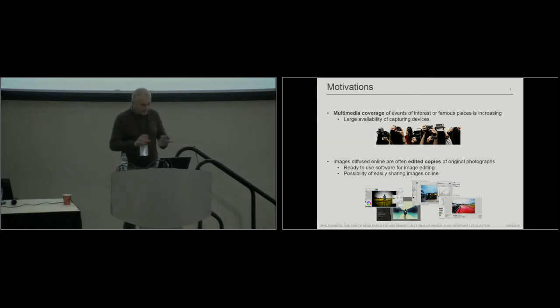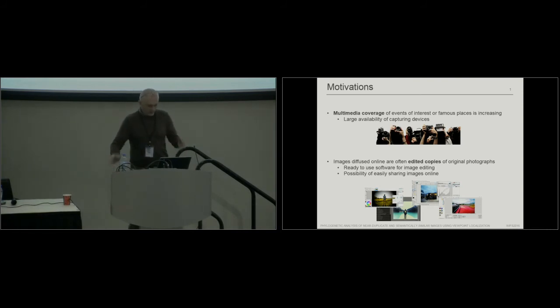can be subdivided in some way into two types. One type is images relative to the same scene, but taken by different users or, in any case, from slightly or largely different viewpoints.